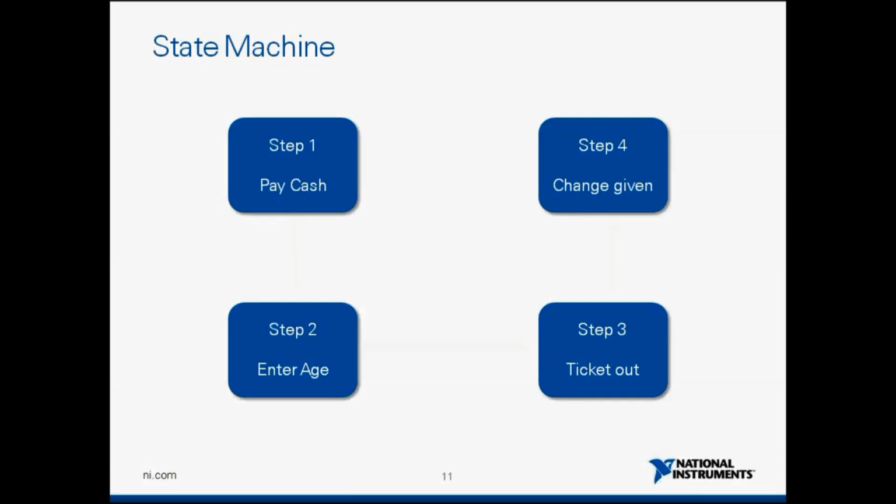This looks like a sequence of 4 steps. However, it's not actually as straightforward as this. There are 3 main features I'm missing in this implementation. What if I'm underage? It should not go to the next step, right? So step 2, I enter my age, and if I'm underage, it shouldn't execute step 3. So I need a condition.